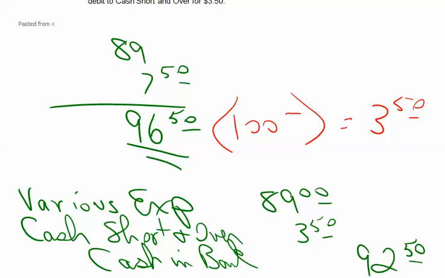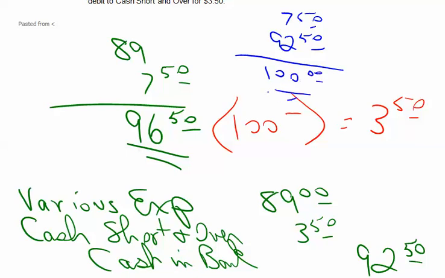And obviously, if we add the $7.50 in coin and the new $92.50, our balance is going to be back up to $100, and that's a good thing. So our entry is going to be a debit to cash short and over, a debit to the affected expense accounts, and a credit to Cash and Bank for $92.50.